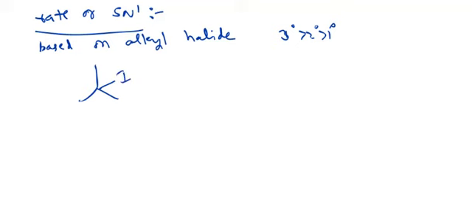This is tertiary, this is secondary, and this is primary. This carbon is surrounded by 2 other carbons, this carbon by 3 others. So the rate will be more for tertiary than secondary than primary.